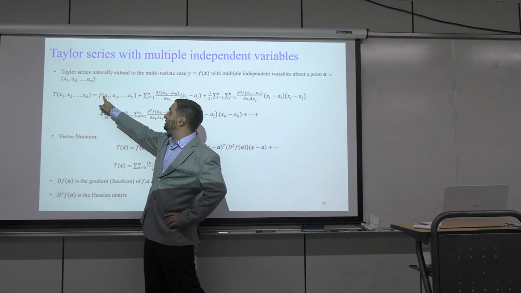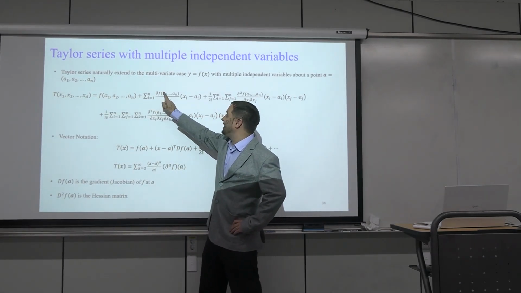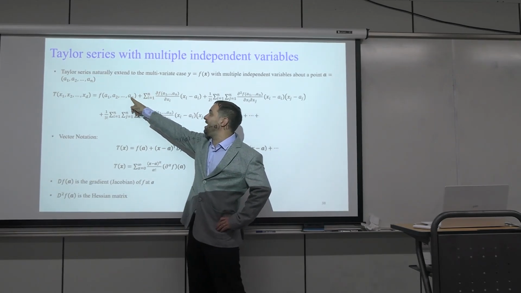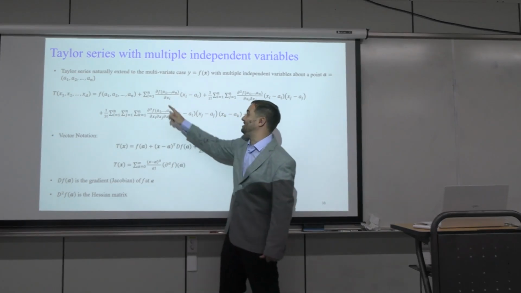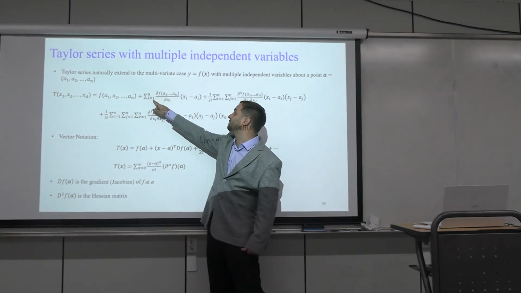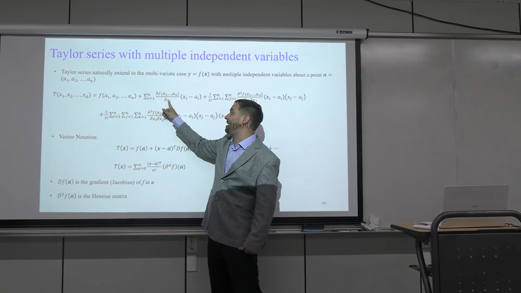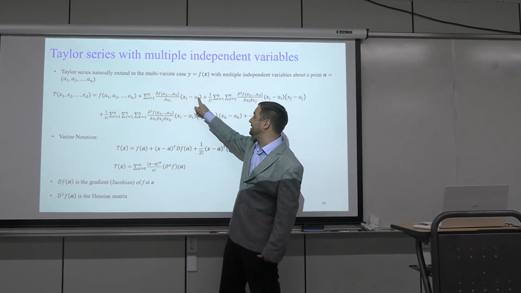It's equal to the function evaluated at that reference point, plus now it's a summation, i equals 1 to n, and we have n input dimensions. And so this is now the partial derivative of the function with respect to xi, evaluated at the point, times xi minus ai.